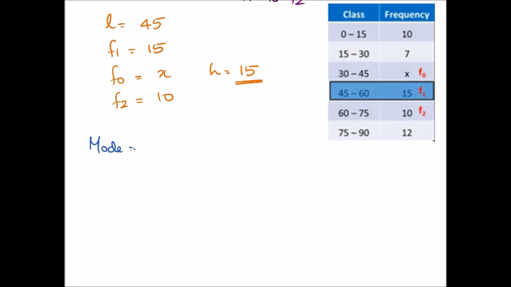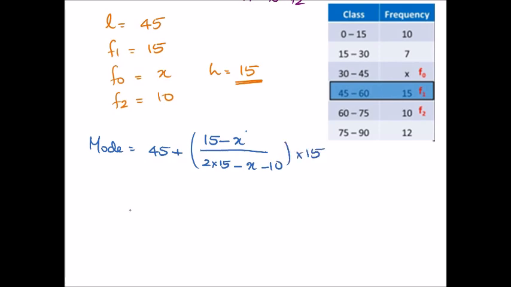Mode is equal to L, which is 45, plus (F1, which is 15, minus F0, which is x), whole divided by (2F1, that is 2 into 15, minus F0, again x, minus F2, which is 10), into 15.